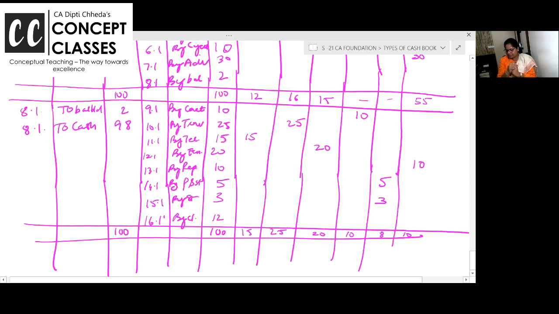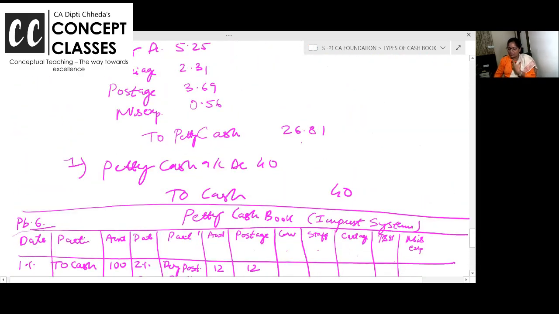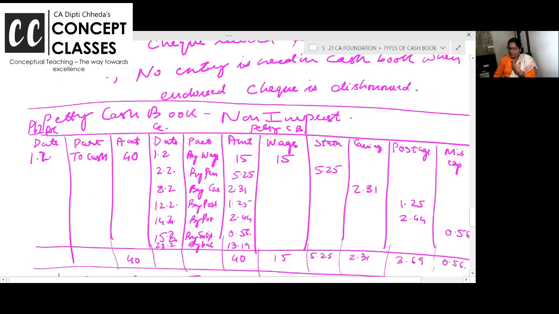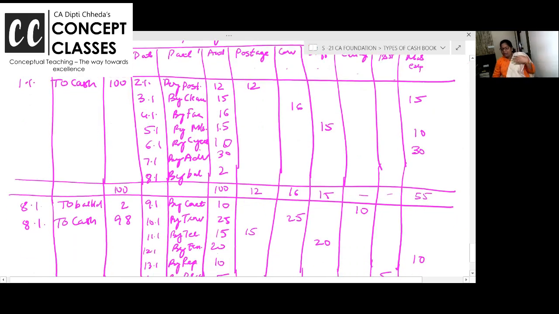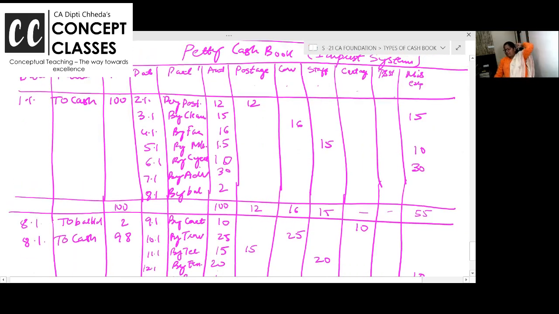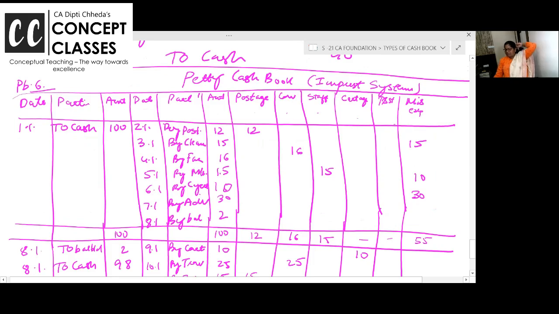How is it? Take your time. I'm here only. Now scroll the whole problem. Ask if you have any doubts. Just scroll it. Yeah, you can write journal entry for this now. You know, all this. Postage debit 12, conveyance debit 16, staff debit 15, miscellaneous debit 55 to bank, like that. One single entry will come whenever you are balancing the petty cash book.